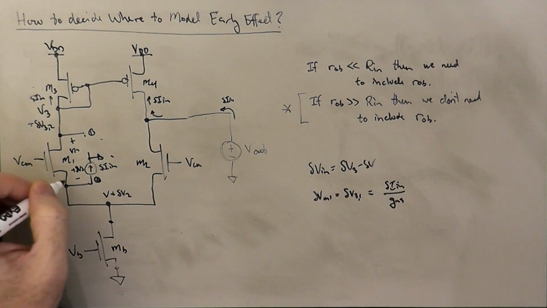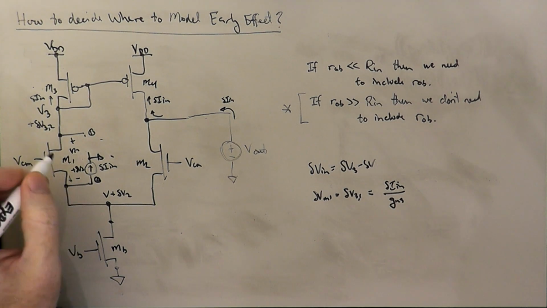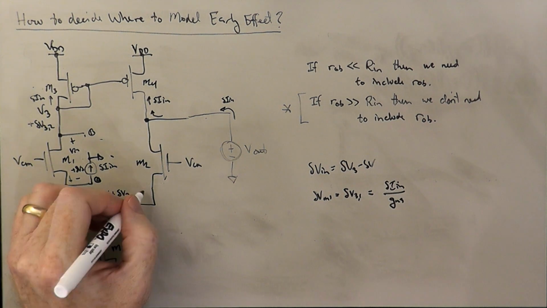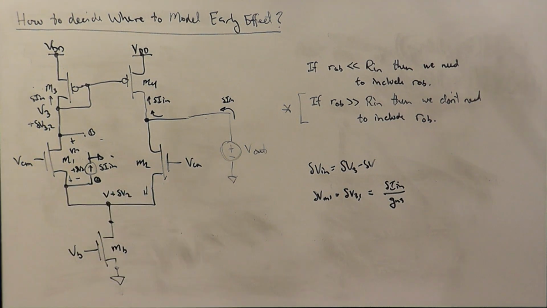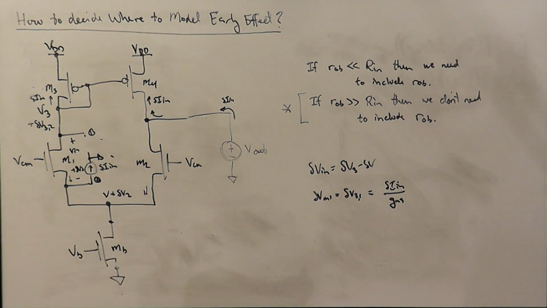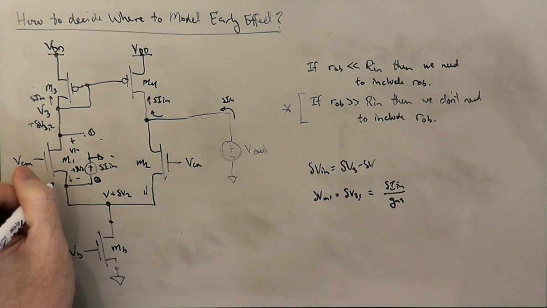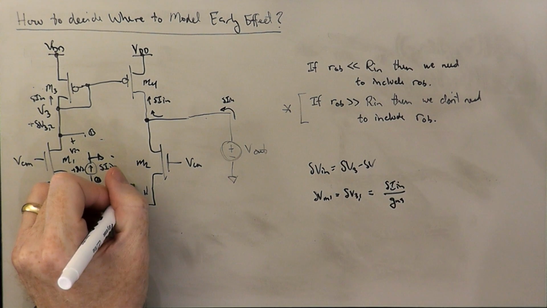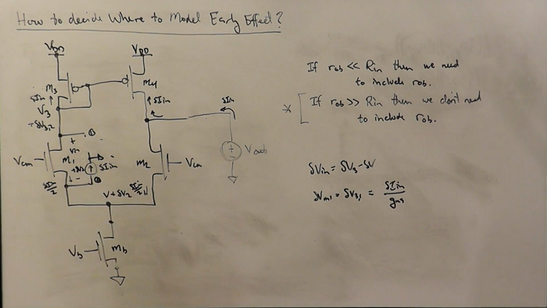Right, so that current is going to come partially from M1 source and partially from M2 source. And because it's balanced, half of it will come from both places. So this will be delta IN over 2, and this will be delta IN over 2.